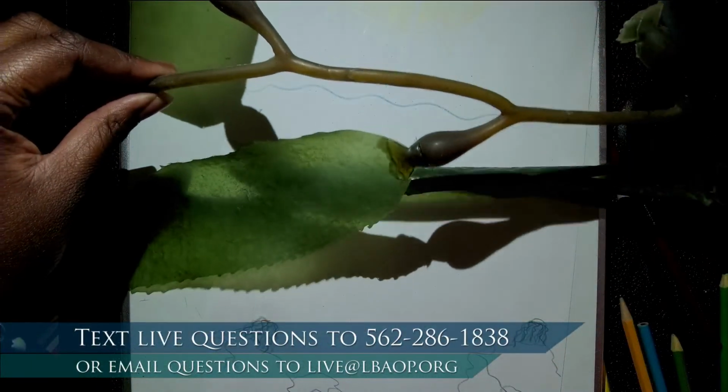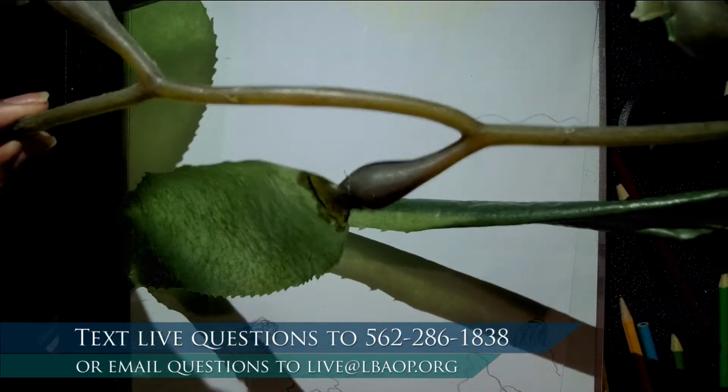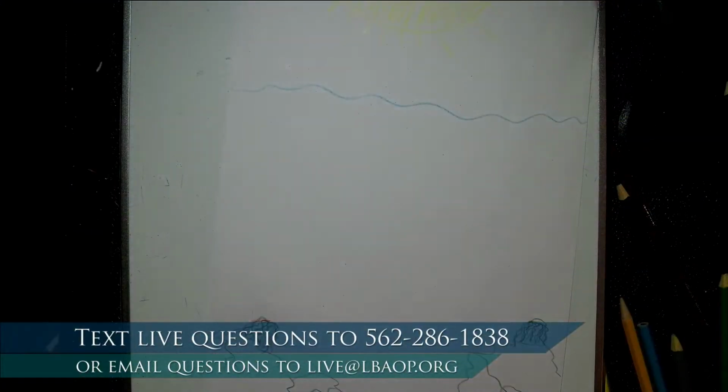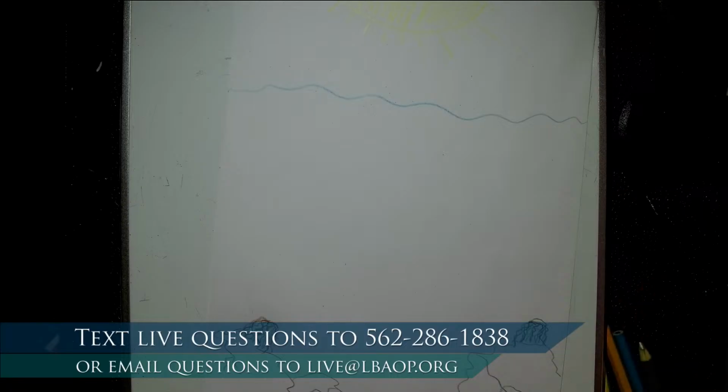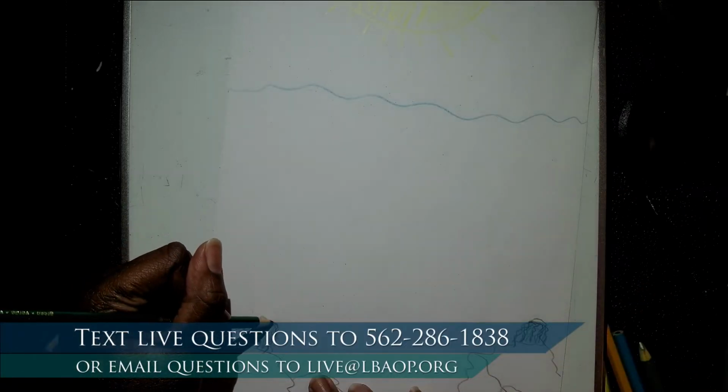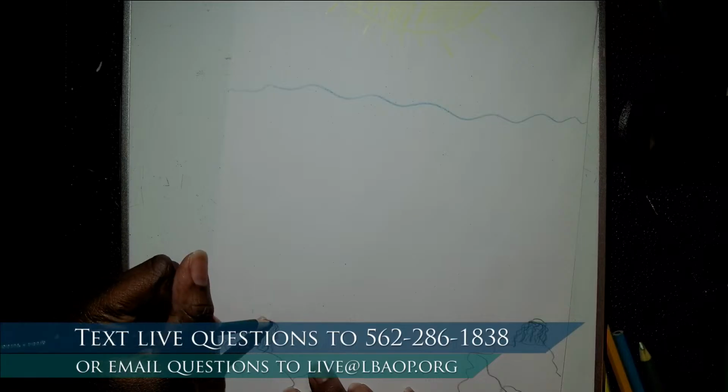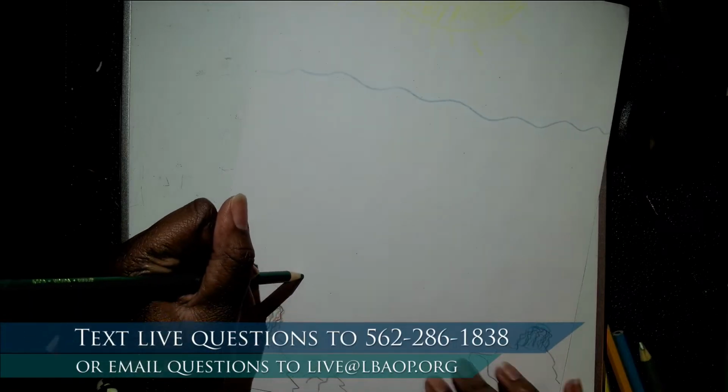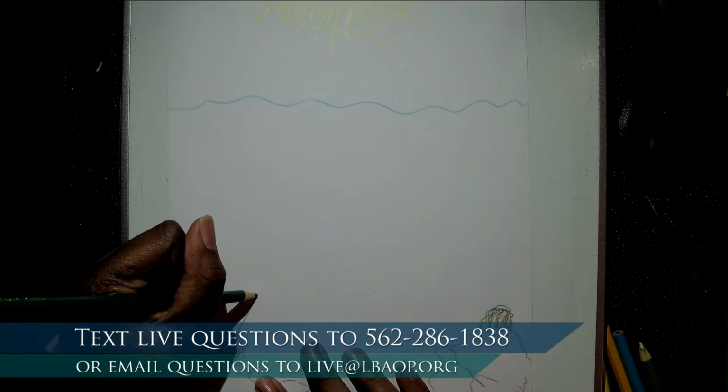Now that we have a good understanding of the different parts of kelp, why don't we go ahead and add some to our drawing. So, I'm going to start off by drawing just a long line. I'm going to maybe curve it as I get closer to the surface of the water here.